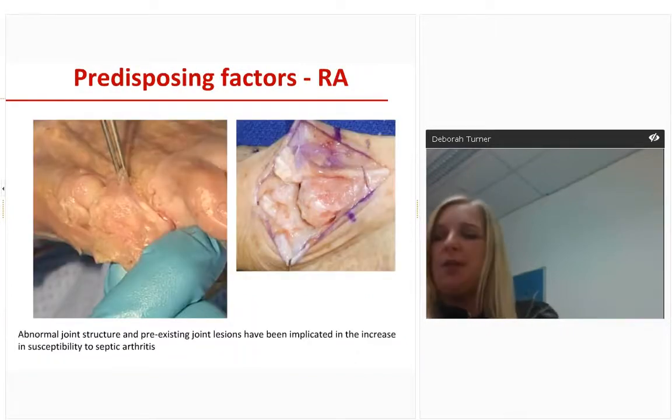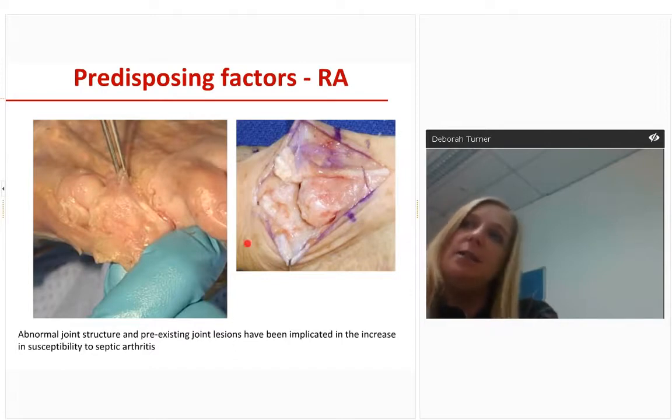And in terms of why patients with rheumatoid arthritis are predisposed to septic arthritis, well, if we have a look at this image here, what we can see is this is a normal metatarsal head, where we can see the smooth outline of the metatarsal head and the cartilage.